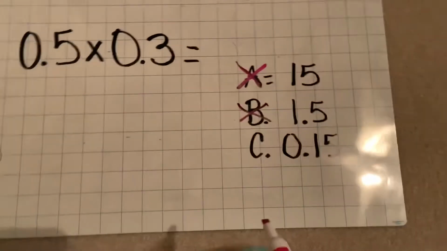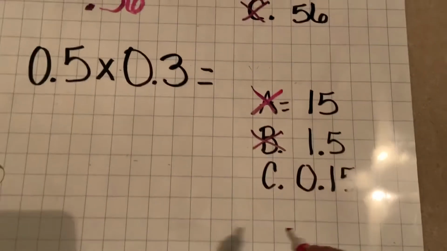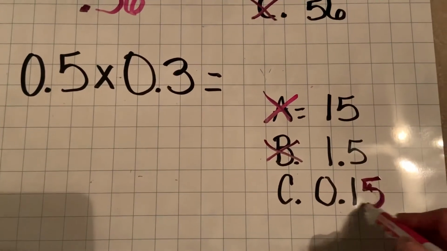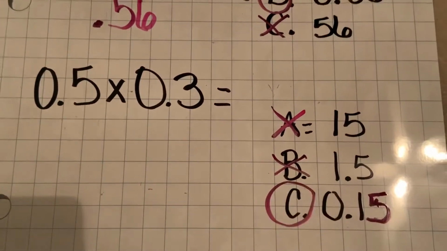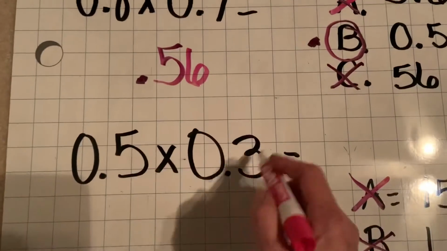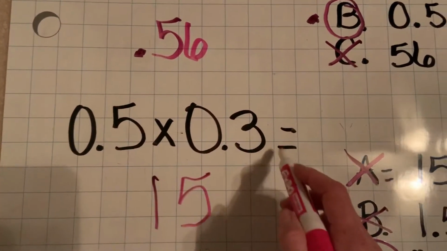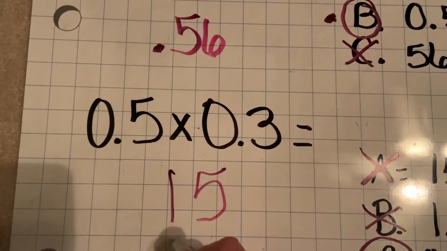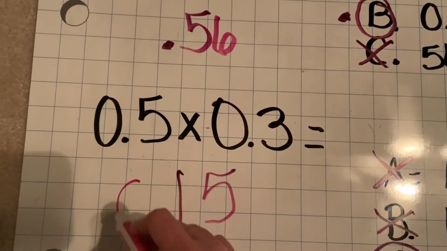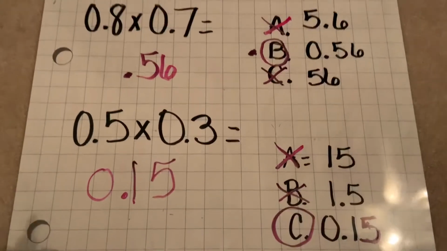No. What about 15 hundredths? Yes. 5 times 3 is 15. And of course, you move the decimal 1, 2 places to the left, which is 15 hundredths.